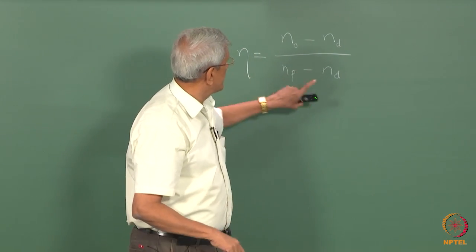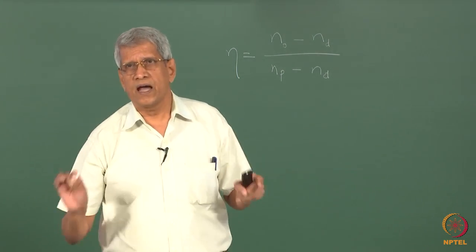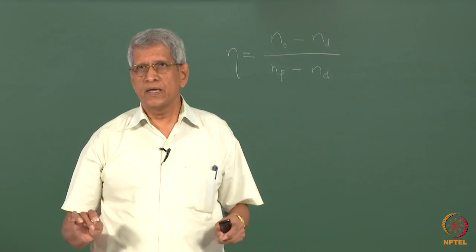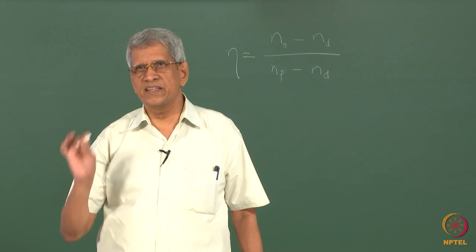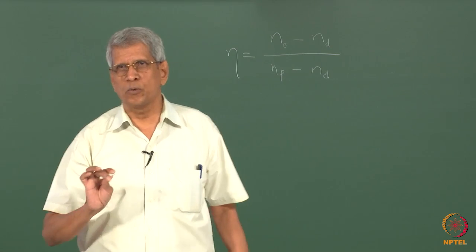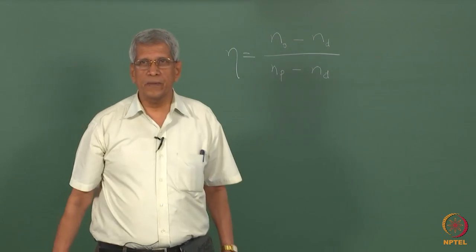Here Nd is, if this alloy having this specific composition is disordered, then the number of sites either an A atom or a B atom will occupy is given by this value Nd.